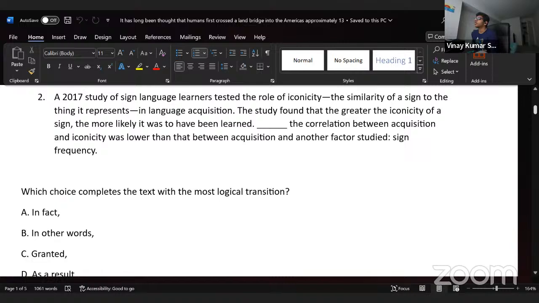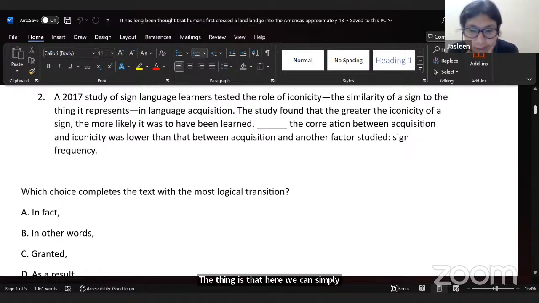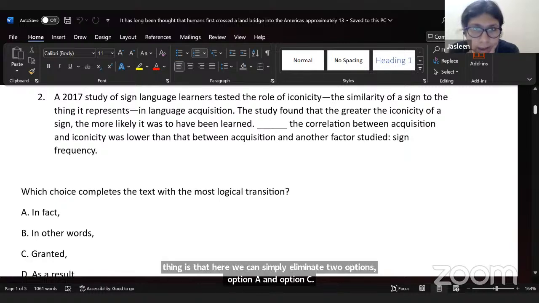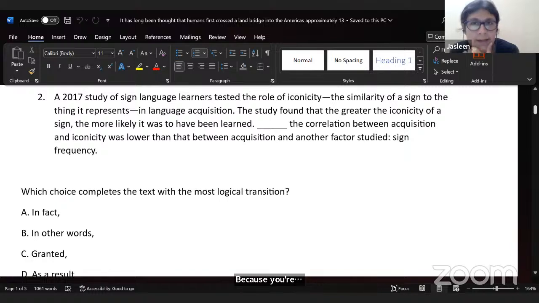B. Okay. The thing is that here we can simply eliminate two options, option A and option C. Because when we say "in fact", it means that we are in some way contradicting the idea.